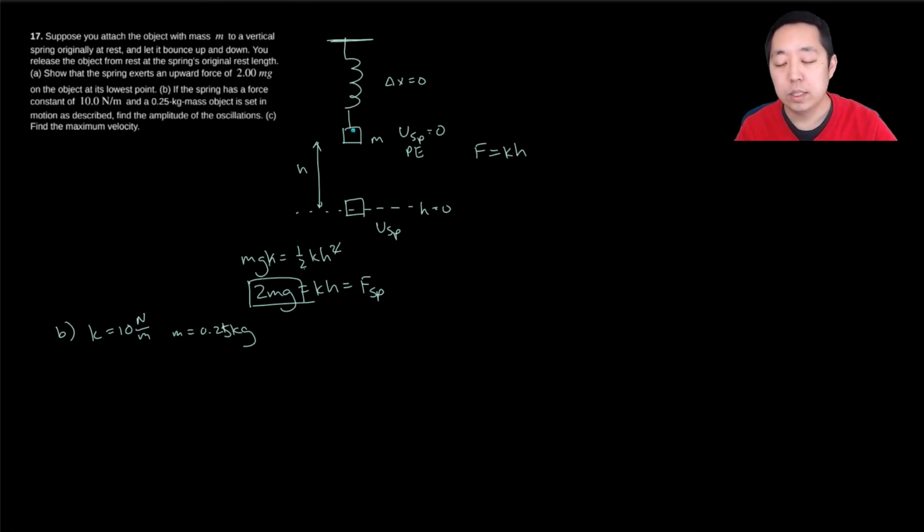Well, the amplitude of the oscillation is always relative to 0. So it would be h over 2 in this case, and if I use this equation, h is equal to 2mg over k, and so 1/2 h, which is my amplitude, dividing this by 2, is mg over k, right? And m is 0.25, times 9.8, divided by 10.